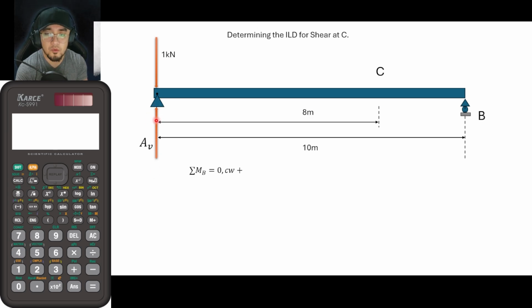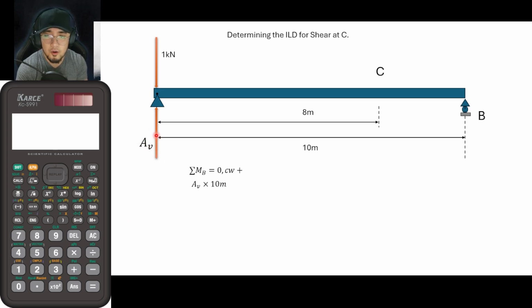If it is upwards, it would cause a clockwise rotation about point B. So again, it has a tendency to rotate this beam in a clockwise direction. From that, that is now AV times the lever arm. Do not forget the lever arm since we are to deal with moment. That is AV times 10. So that is it basically for the moment due to AV.